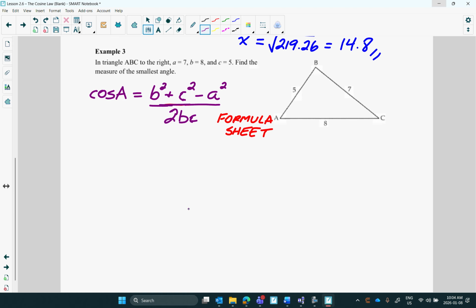The opposite of C is 5, and 5 is the small side. Perfect. Yes. The smallest angle will be opposite the smallest side. So we're going to find angle C because it is opposite the smallest side. Exactly right.